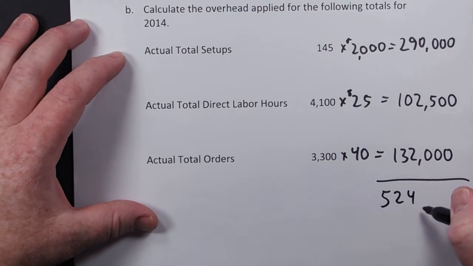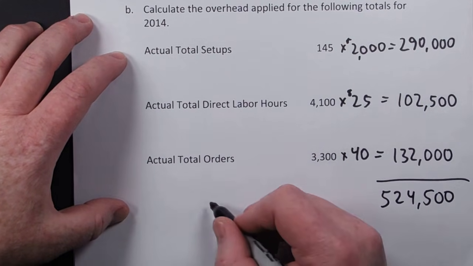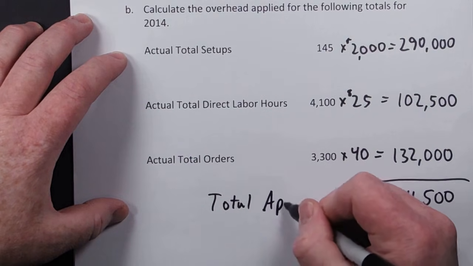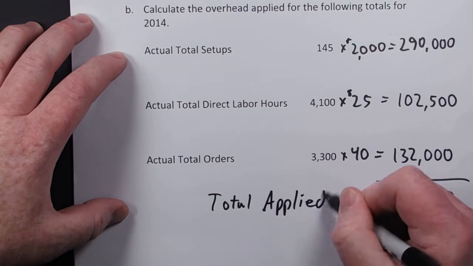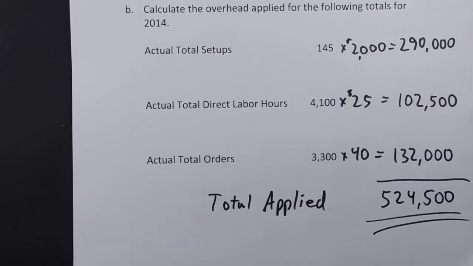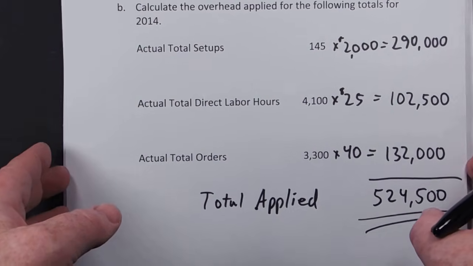So $524,500 will be the total amount, just adding all three of those up. So the overhead we applied would be $524,500. And again, you'll notice that we're not just using direct labor hours, we're using whatever is appropriate for the cost.